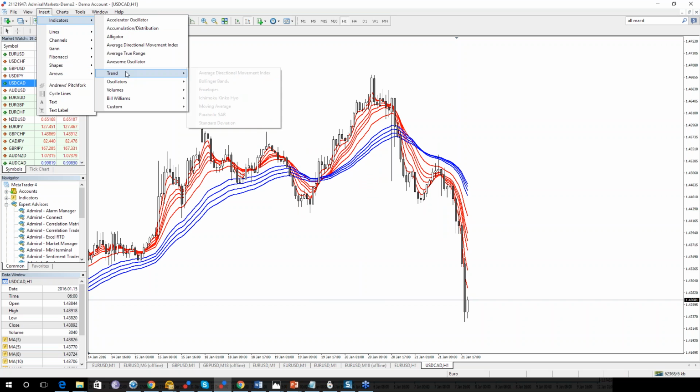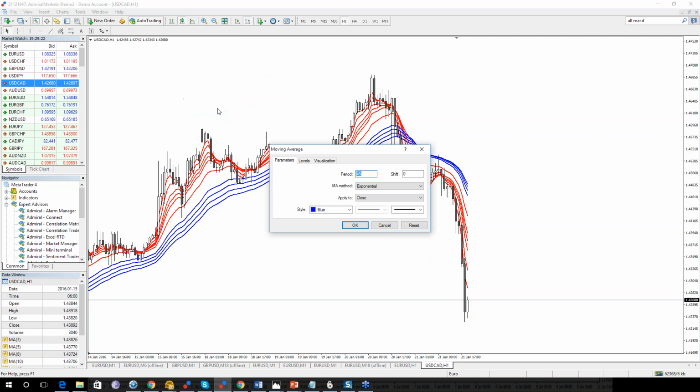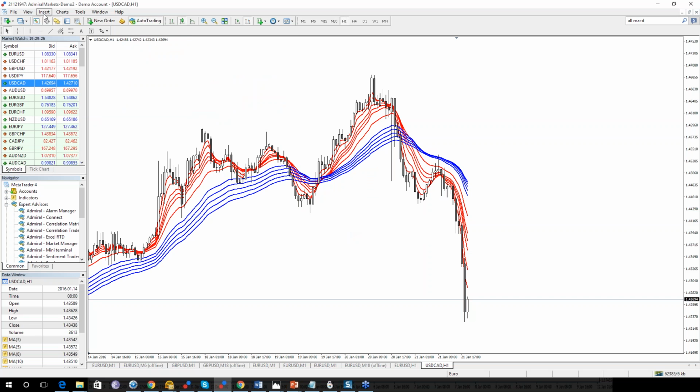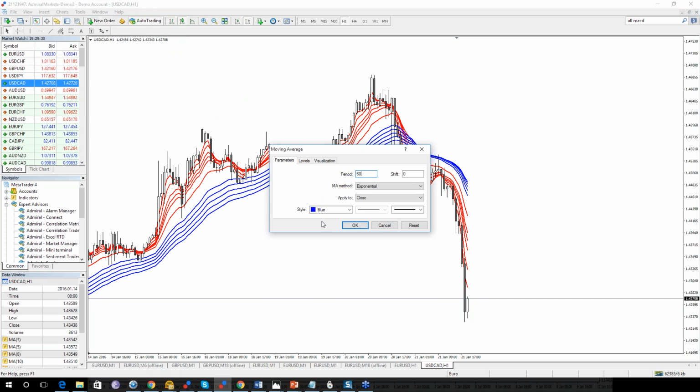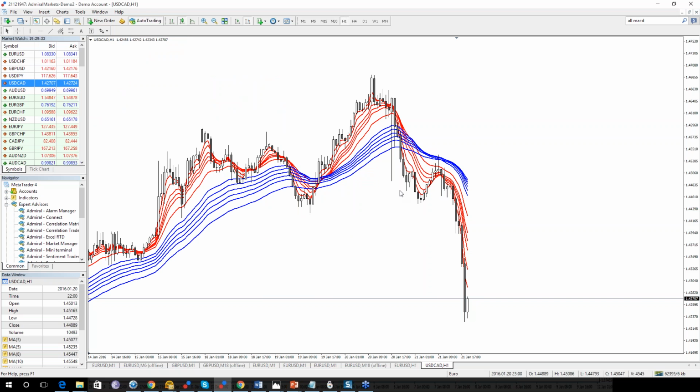Then we go with 50. 60 also. Here it is. So this is how Gappy looks like. Now let's move on.